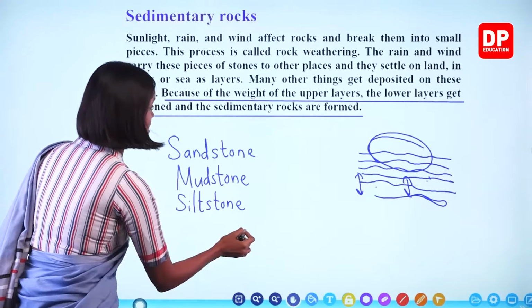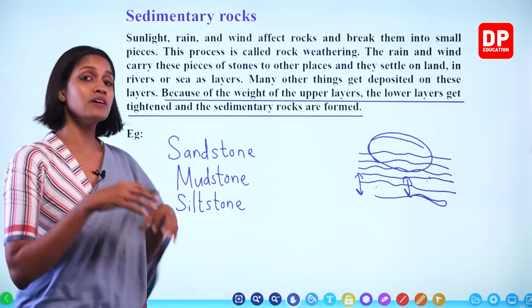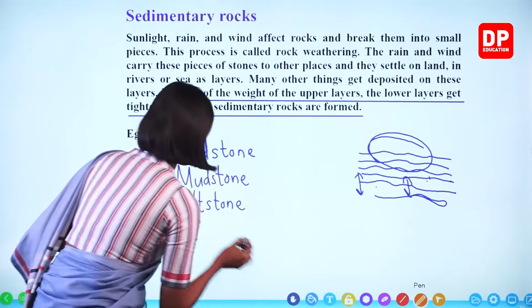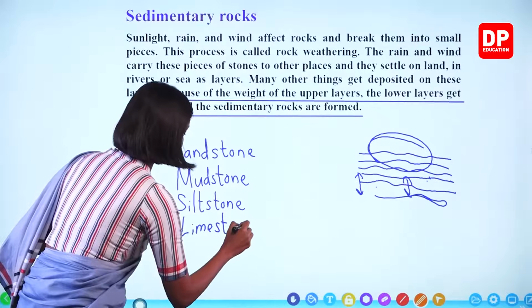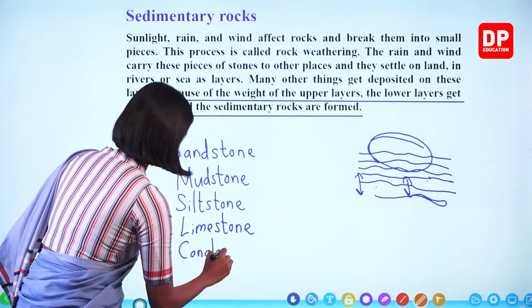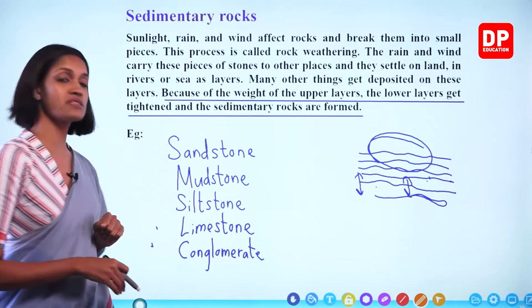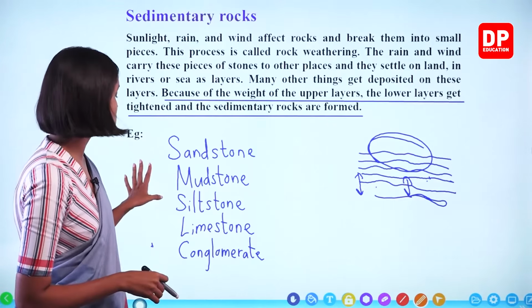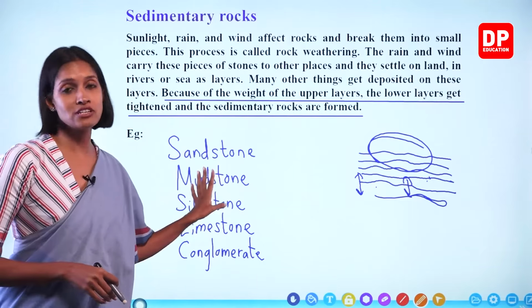Limestone is formed by deposition of calcium or bones of the animals. There's another sedimentary rock called conglomerate, a mixture of different substances. Right, children? Sandstone, mudstone, siltstone, limestone, conglomerate. They are all examples of sedimentary rocks.